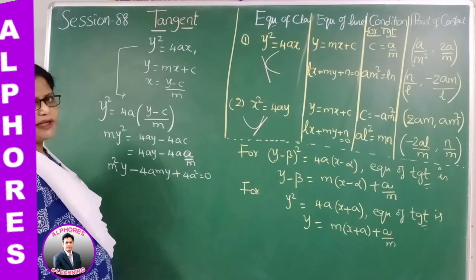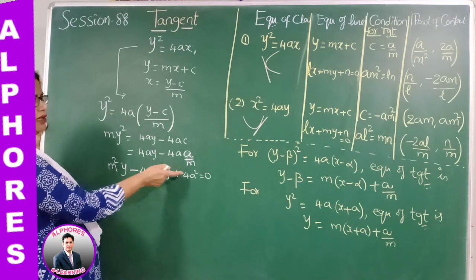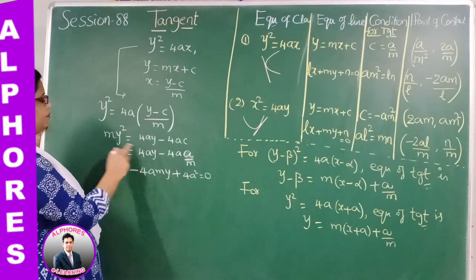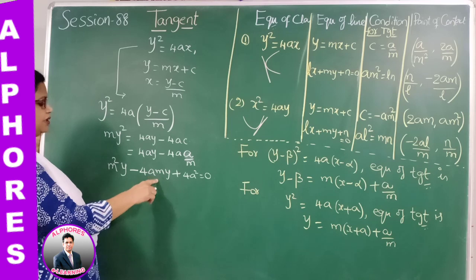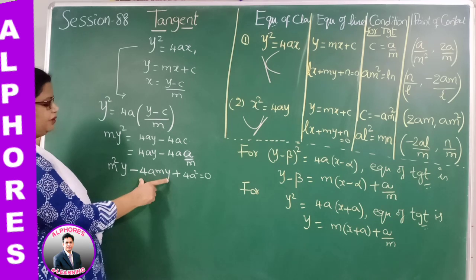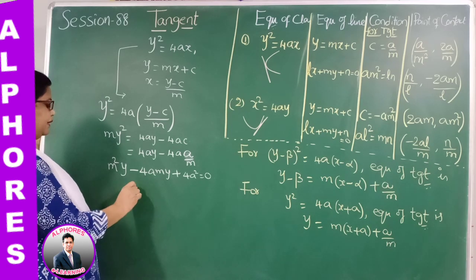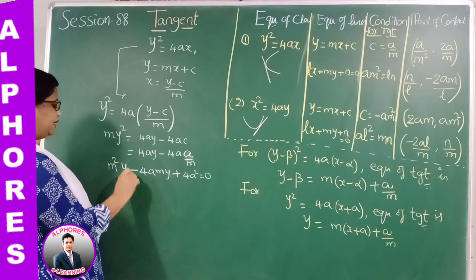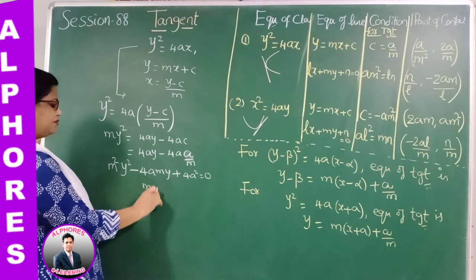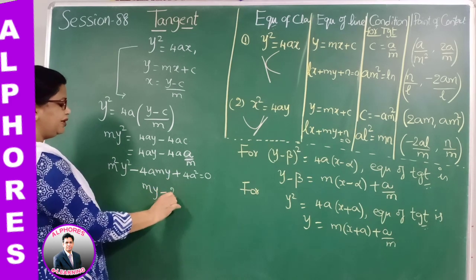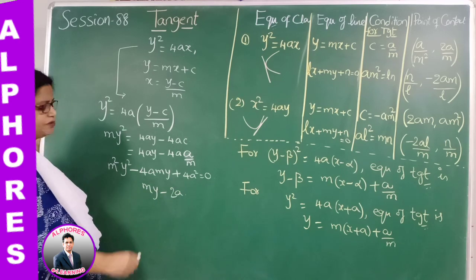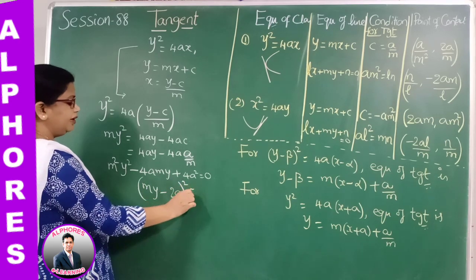This kind of equation you can obtain by taking m as LCM and then cross multiplying. Now we got exactly a perfect square: my minus 2a whole square is equal to 0.